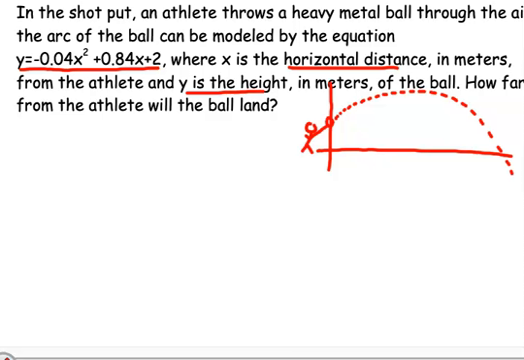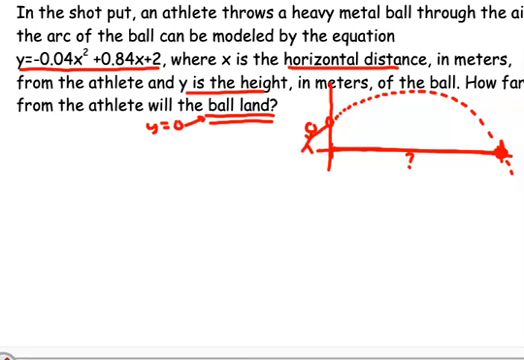What we're looking for: how far from the athlete will the ball land? Well, they want to know how far this was, what this distance was. This is the question mark. How far did it go? Well, think about this. The ball will land when y is equal to 0. 0 feet high.